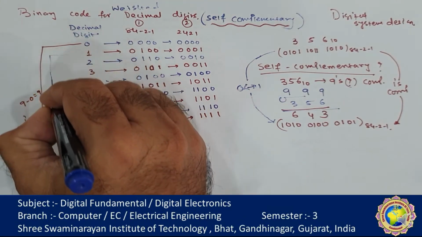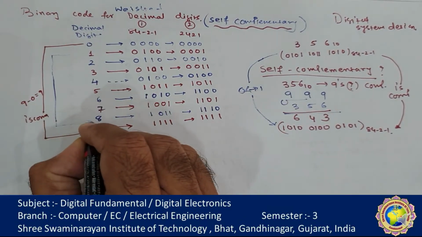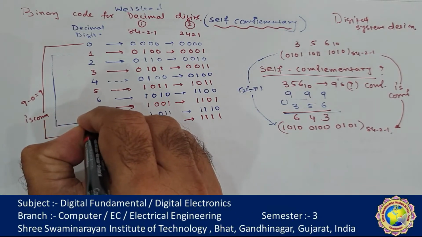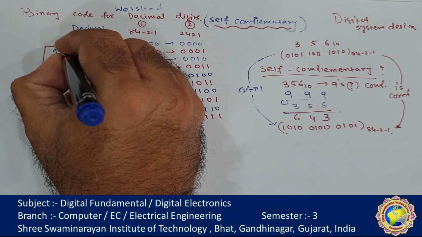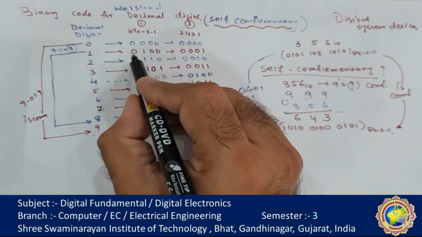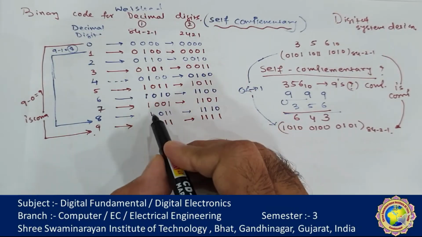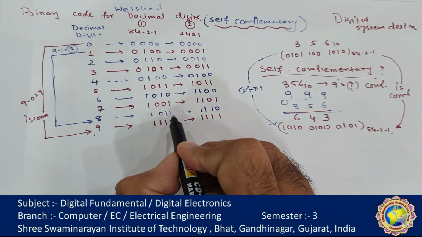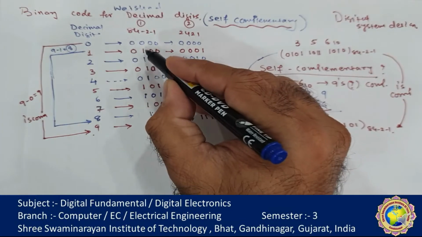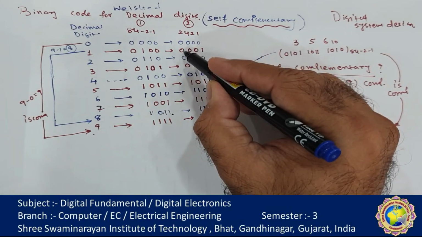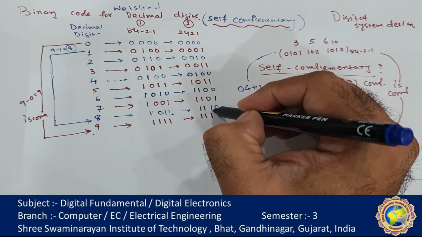It is 8. 9 minus 1 is equal to 8. 0 1 0 0, 1 0 1 1. So simply 0 is replaced by 1 and 1 is replaced by 0.